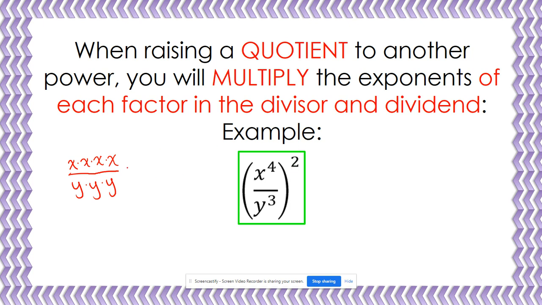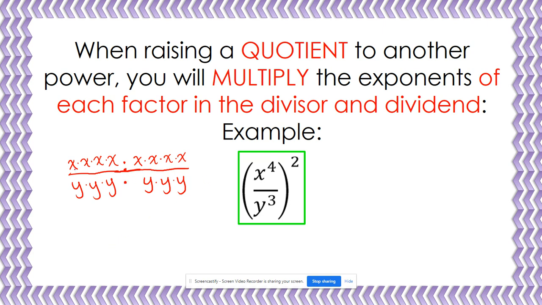This second power tells me to take this and multiply it by itself. So I would multiply by another x times x times x times x and another y times y times y. Well, I know that when I'm multiplying with fractions, I'm just multiplying numerator times numerator and denominator times denominator. So I'm really just connecting all of this with a multiplication sign.